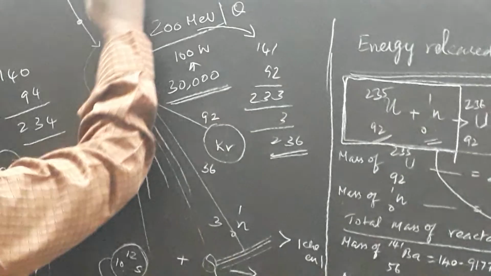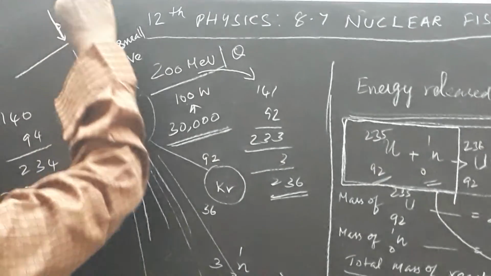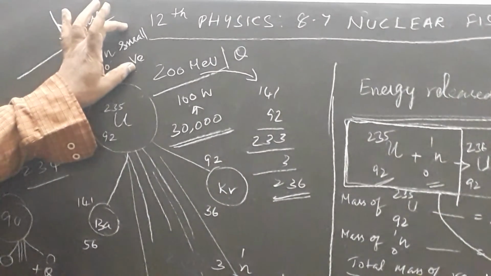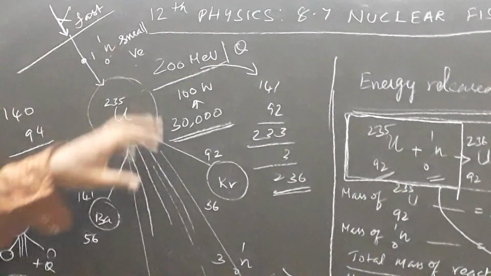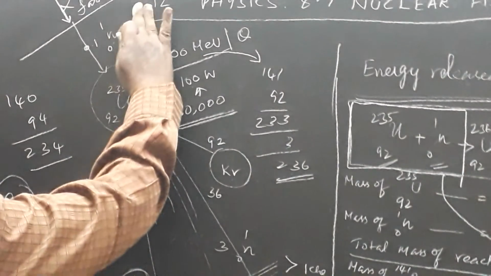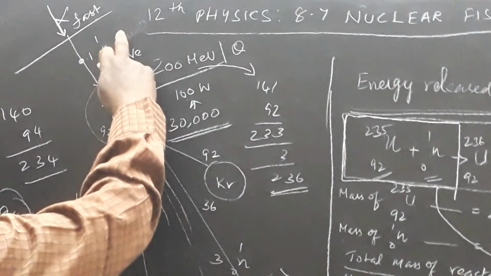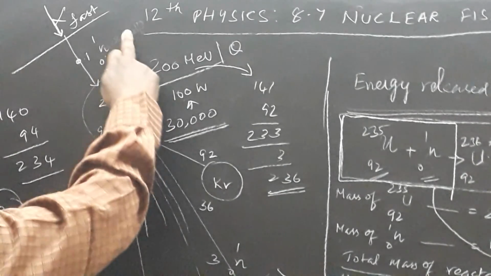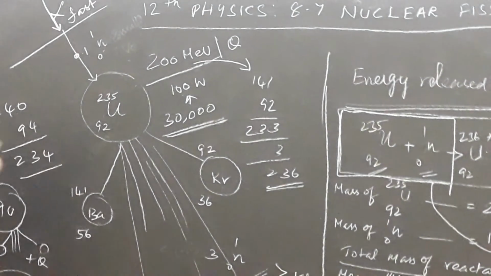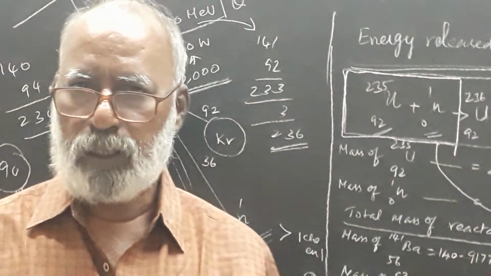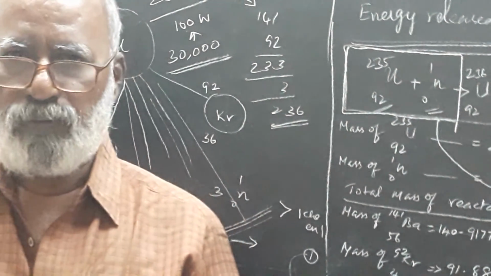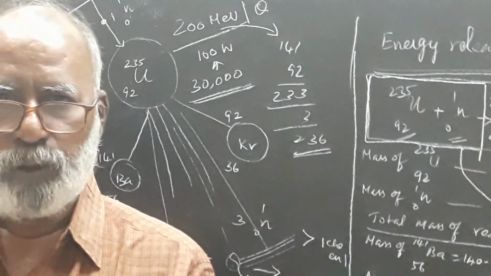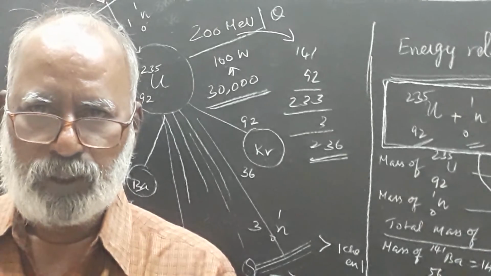The fast neutron is not utilized for the fission process. We only utilize slower neutrons, small velocity neutrons. That is very important. I hope you are all clear about the concept of nuclear fission and how much energy is released during the process of nuclear fission.